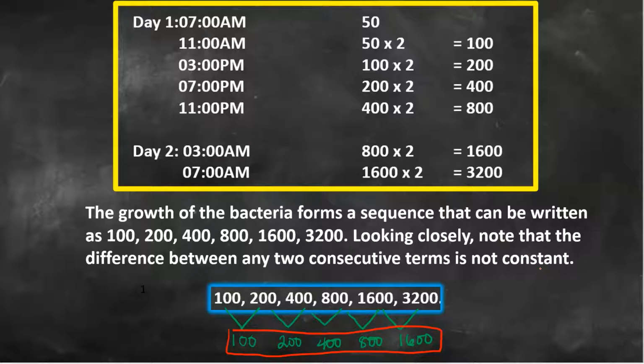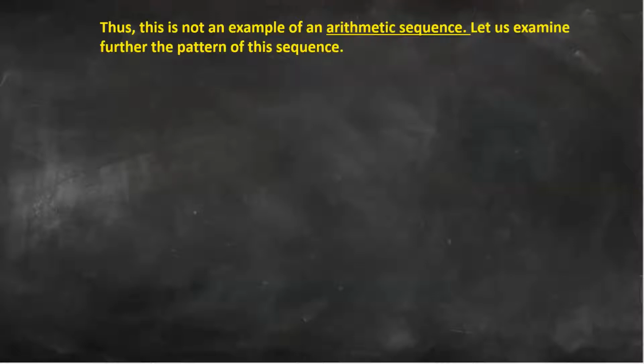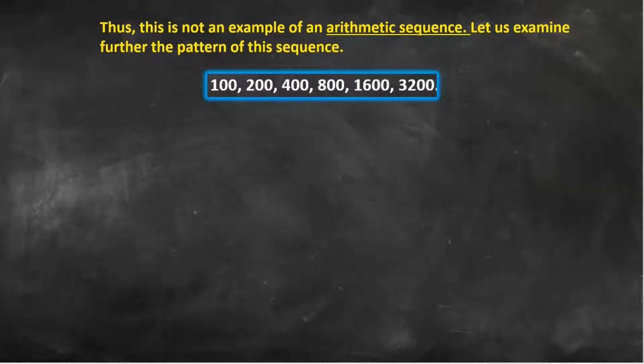So this is something that we should take note of when you are going to differentiate an arithmetic from a geometric sequence. Thus, this is not an example of an arithmetic sequence, because as you can see clearly, there's no common difference. By examining the pattern that we have here, the operation that we use is no longer addition or subtraction, but instead multiplication.